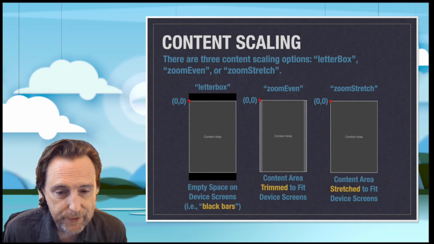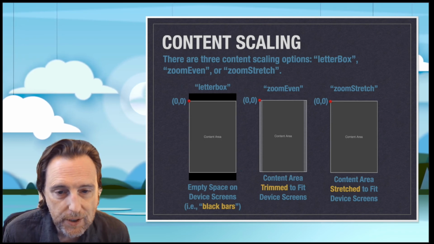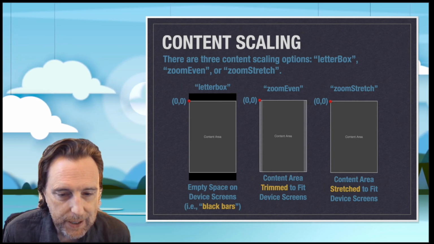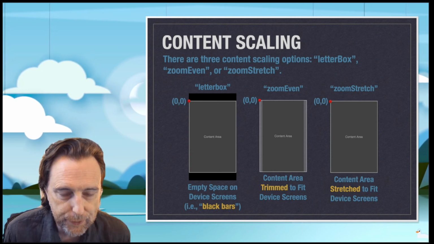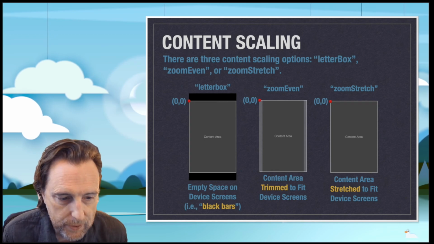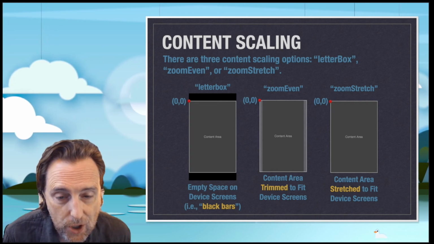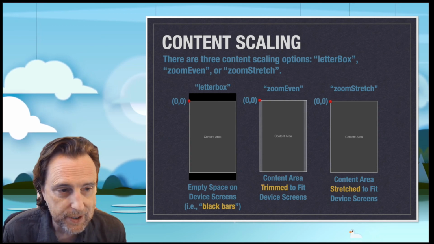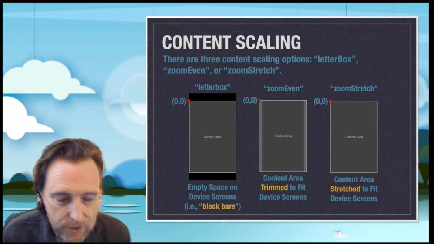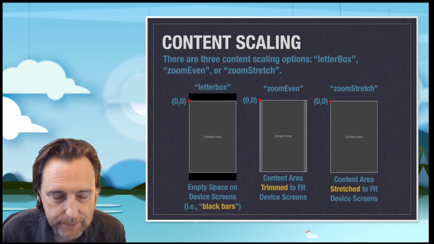If you had stuff in those areas, if your buttons or your text or your visuals were right up against those left and right edges, then they would be cut slightly from what users saw on the phone. So if you're using Zoom Even, you would be really cautious about your edges and not put stuff directly against the edge, in anticipation of some devices trimming it.